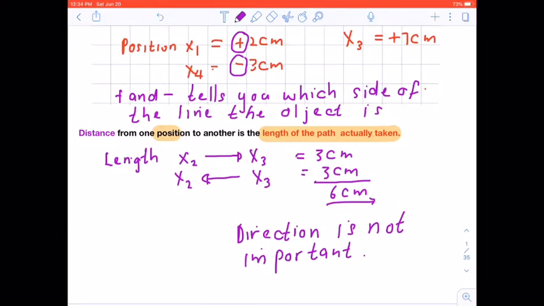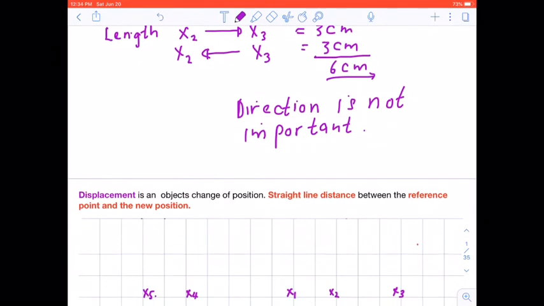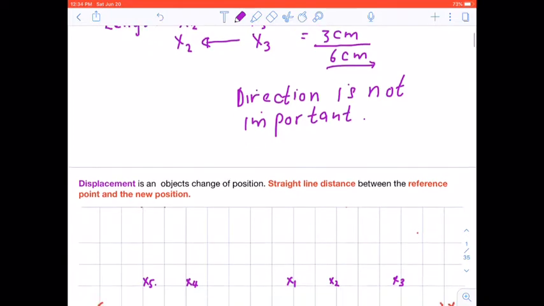Now if we look at displacement, how does displacement differ from distance? Displacement of an object is the object's change in position.